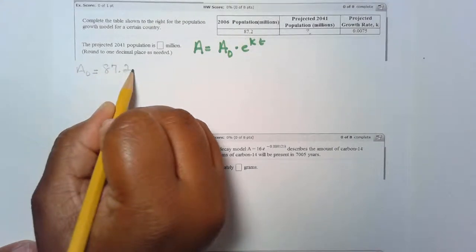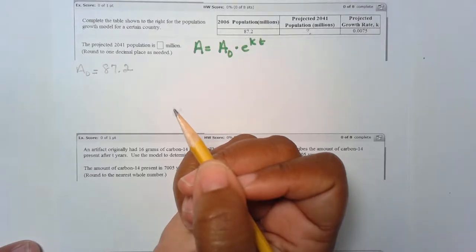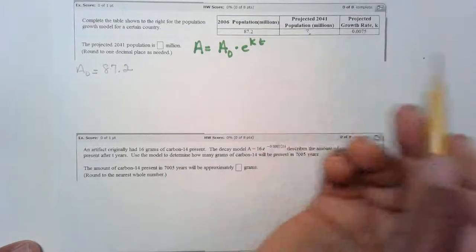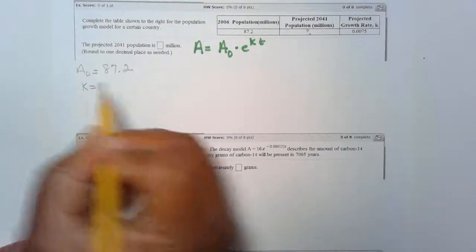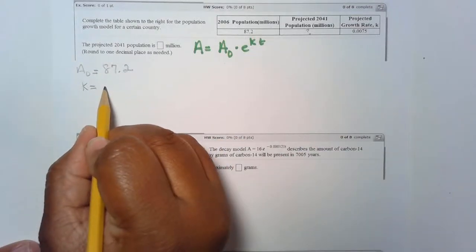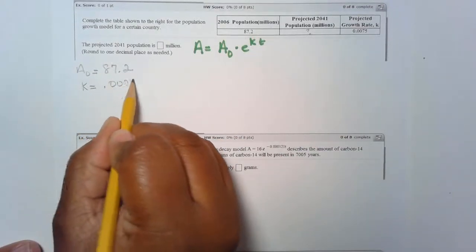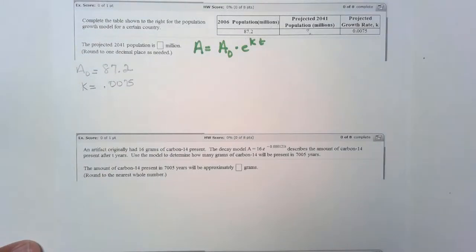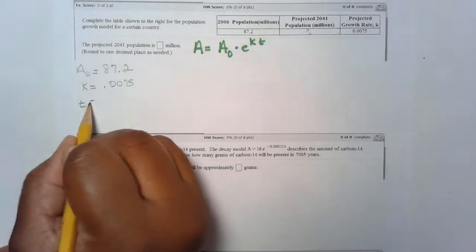87.2, okay? Our projected growth rate, that's our k, and we have here 0.0075. Now, our time, this is what we need to identify.